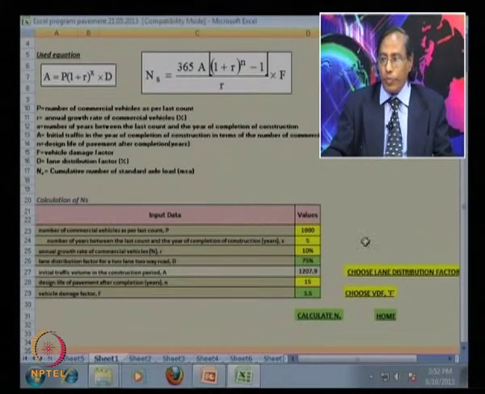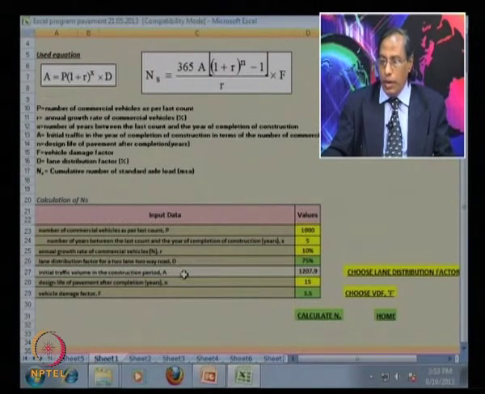Here it is given that P is equal to 1000 and the number of years is 5, and the annual growth rate is about 10%.